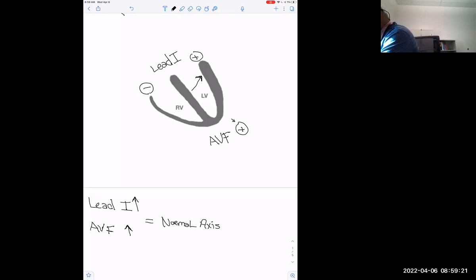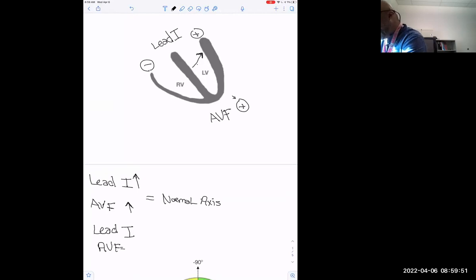Can we agree that this vector is moving towards the positive pole of lead 1, but away from the positive pole of AVF? Since we're moving away from the positive pole of AVF, that's going to give us what type of deflection?